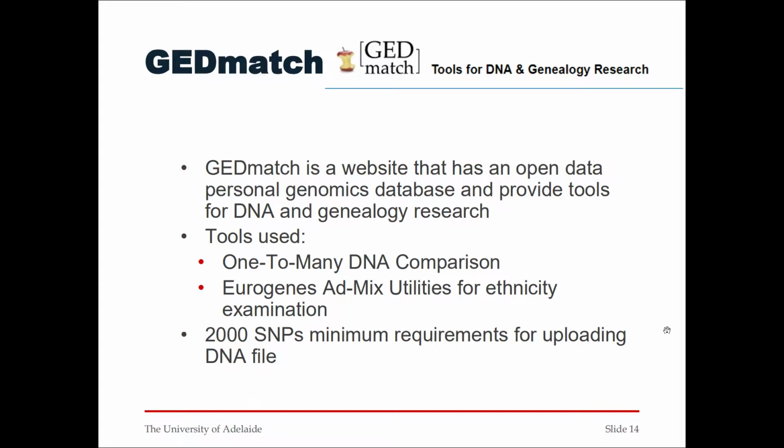First is the one-to-many DNA comparison tool, which is used to find related DNA kits in the database. The Eurogenes tool is used for ethnicity examination. In addition, the website requires the uploaded DNA reference file to have at least 2000 SNPs in each chromosome to conduct the DNA match services.